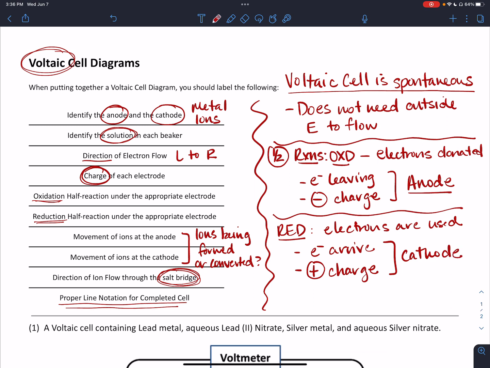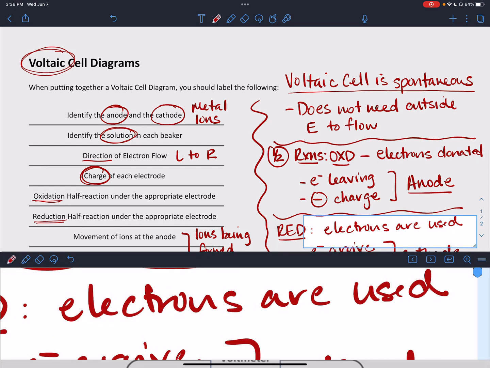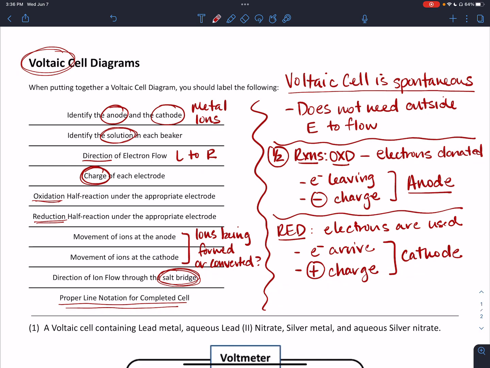One of my coworkers gave me this little mnemonic, which I'm going to use. Again, I like my electrons to flow from the left to the right, which means anode to cathode. And so she said, an ox is a red cat.